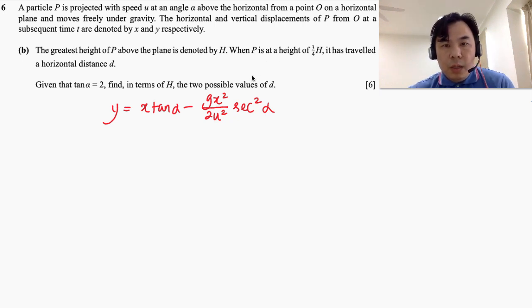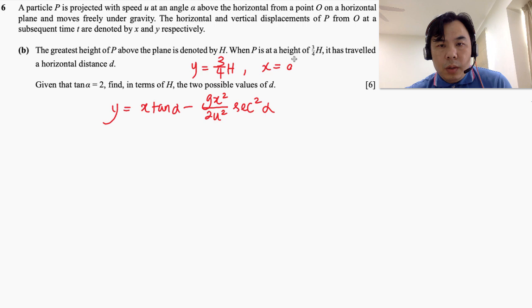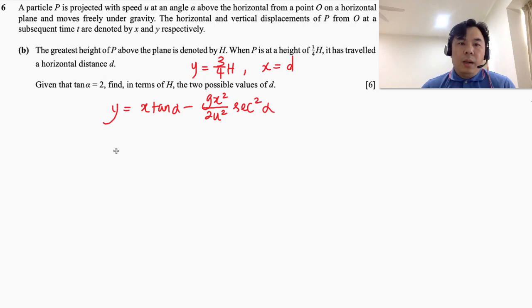What that means is when the y is at 3/4 h, its x value is equal to d. Now knowing that tangent alpha is equal to 2, we're going to substitute all these values into here, then find all the possible values for d.